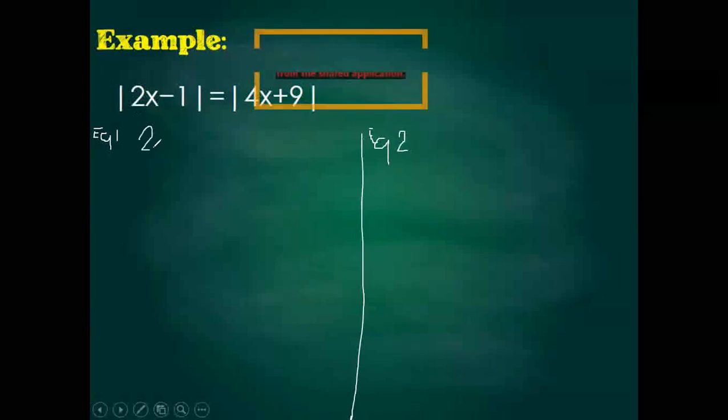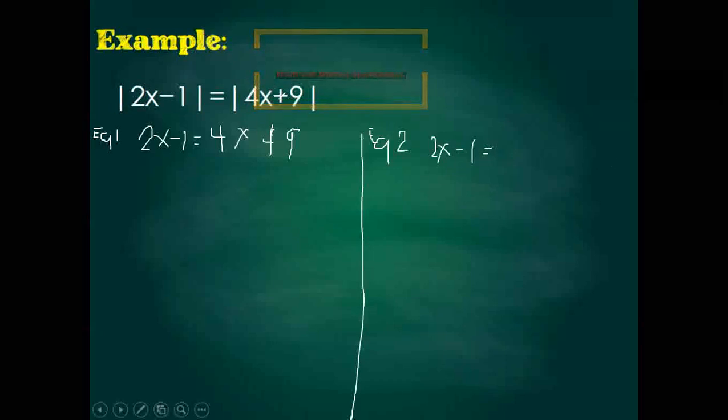So copy 2x minus 1 equals 4x plus 9. Then to the other side, so 2x minus 1 will be negative 4x minus 9.